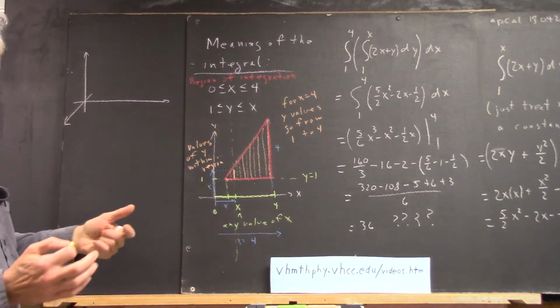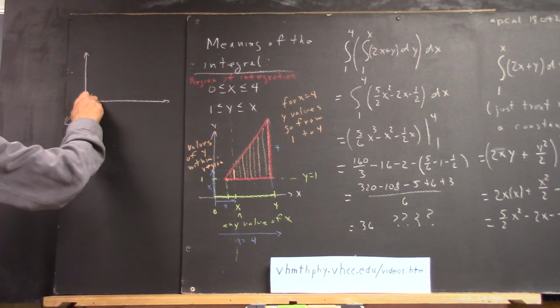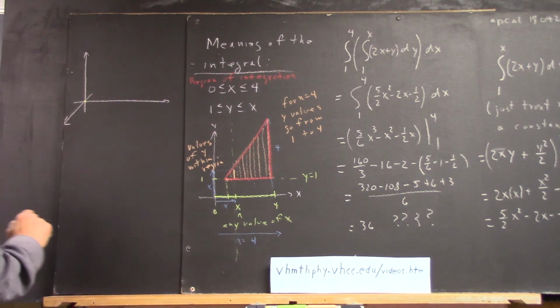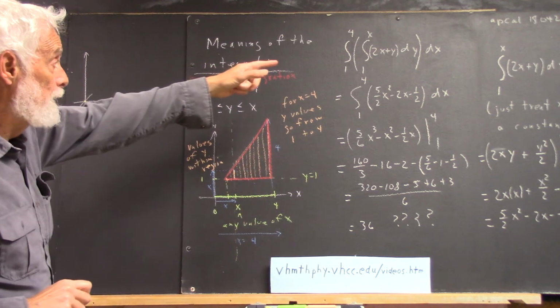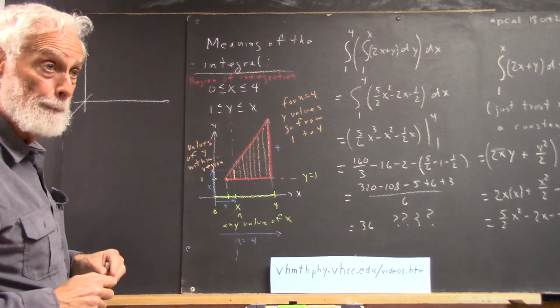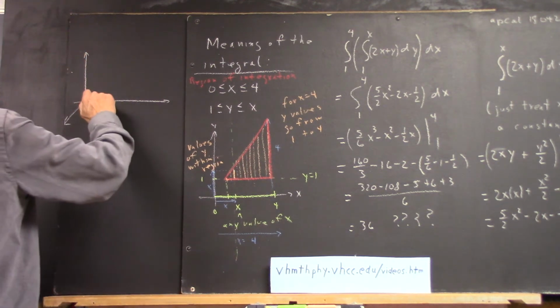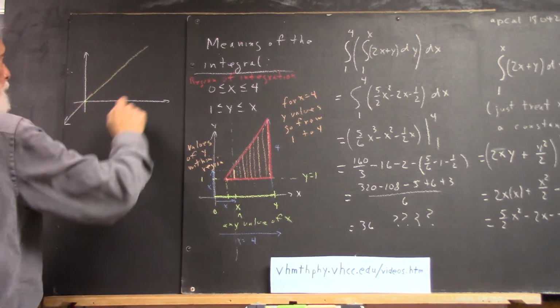When x is 0 and y is 0, z is 0. In the yz plane, x is 0, so you have y equals z, right? So in the yz plane, you have this.